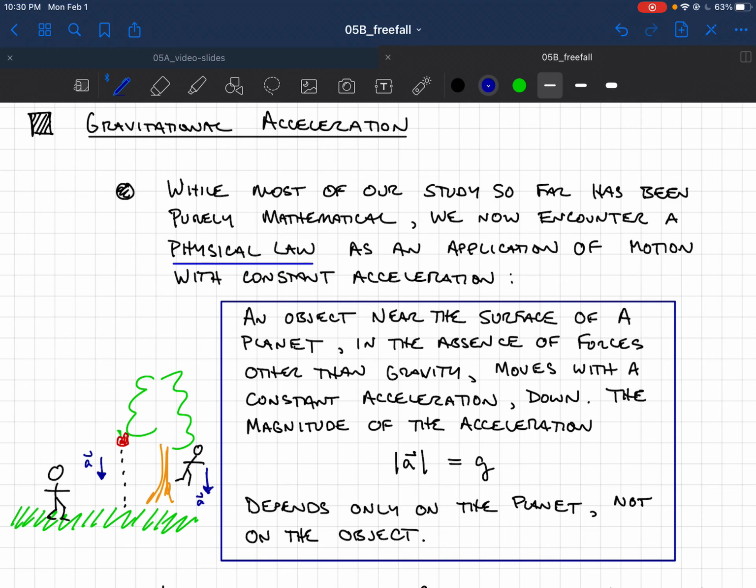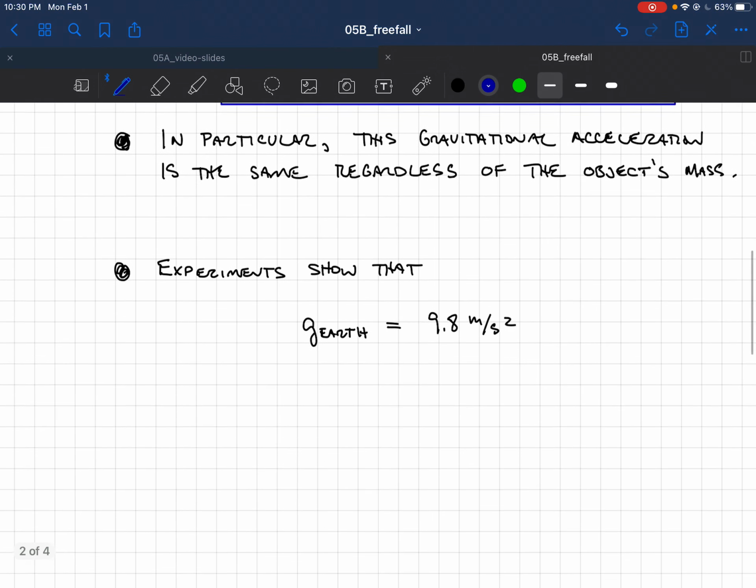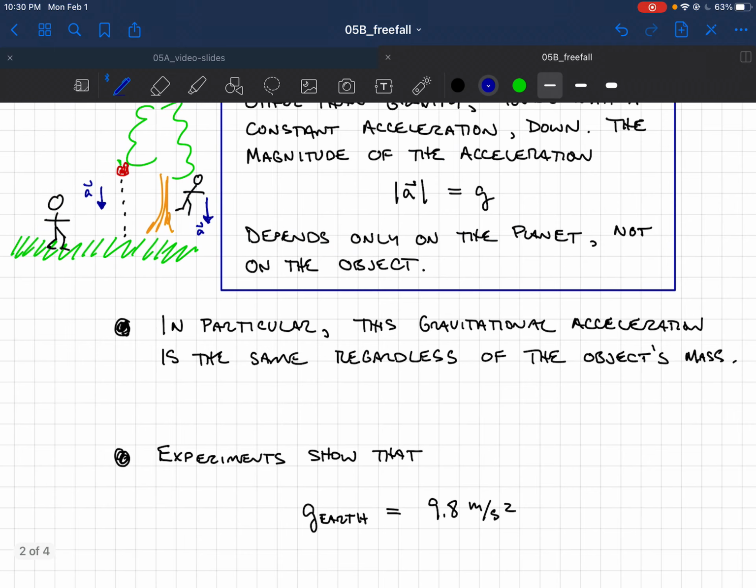So everything falls with the same acceleration. As my example is meant to illustrate, the gravitational acceleration is the same regardless of the object's mass. So all objects fall at the same acceleration, and it has nothing to do with the properties of the object.